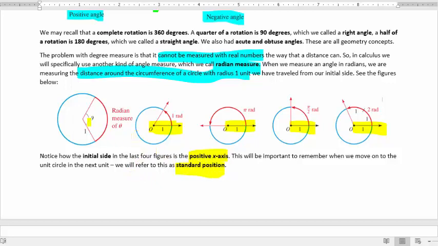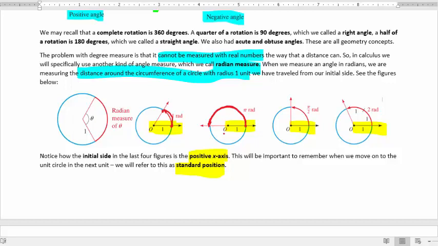Radian measure measures how far along the unit circle, the circle that has a radius of 1 unit, how far along the circumference of this circle you've traveled. In this case, I've traveled from here to there, and that distance is 1 radian. Now in this case, I've traveled around half the circle.